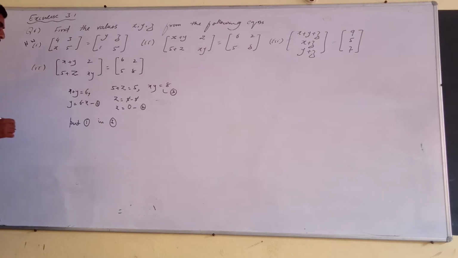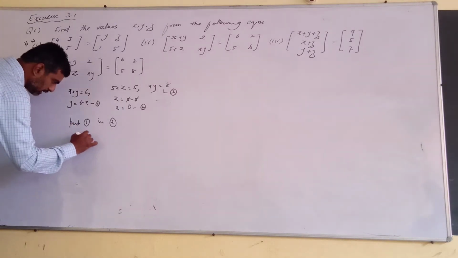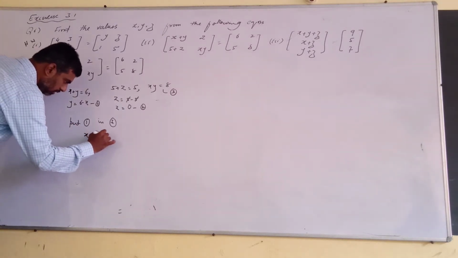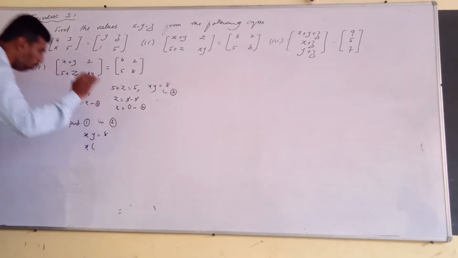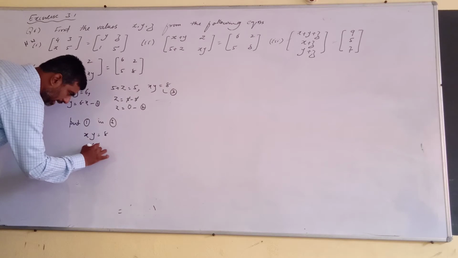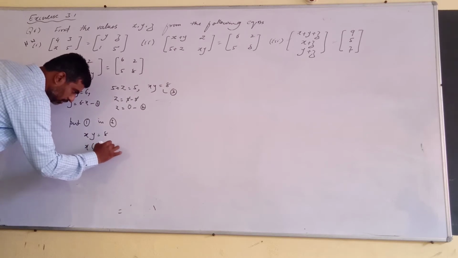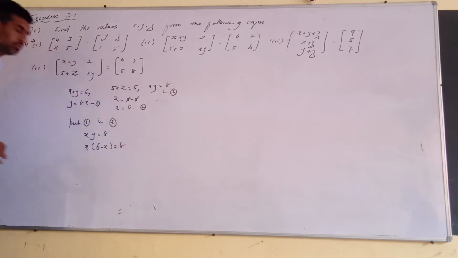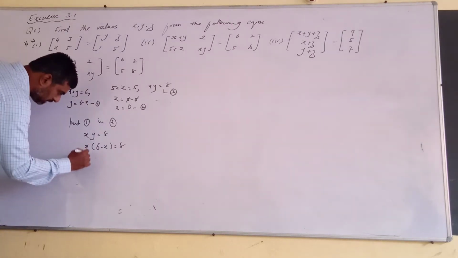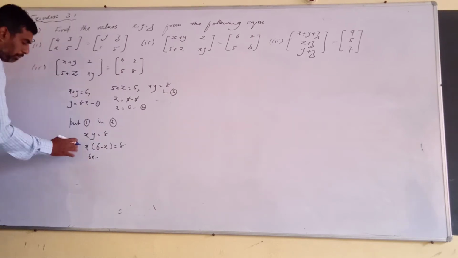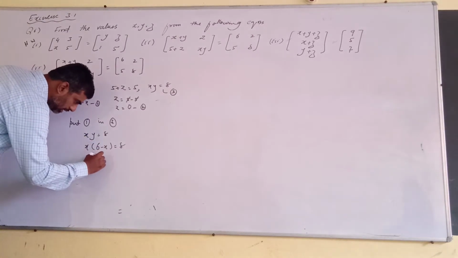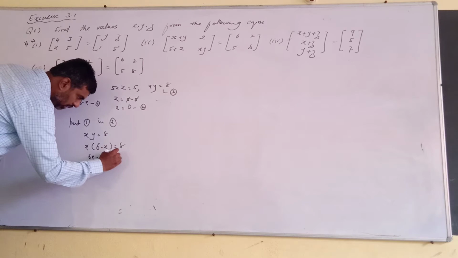See what we will get here. x y is equal to 8. Now what is the y value? 6 minus x, so (6 minus x) times x is equal to 8. Now we will simplify this: 6 into x is 6x, minus x into x is x square, equal to 8.